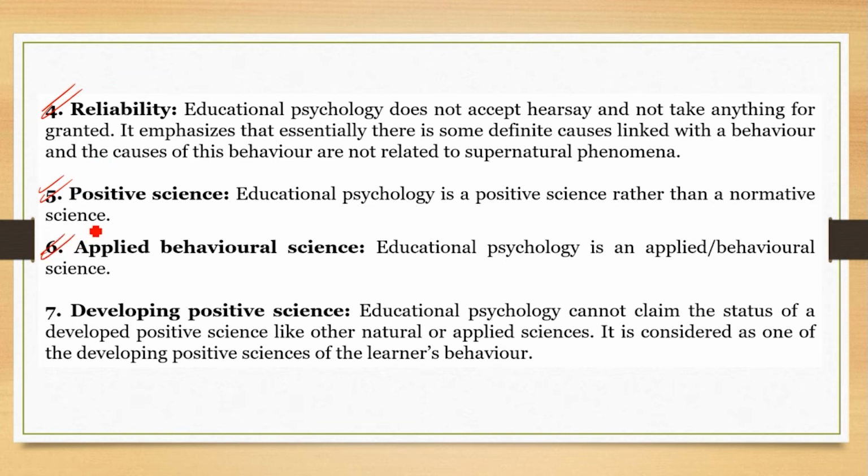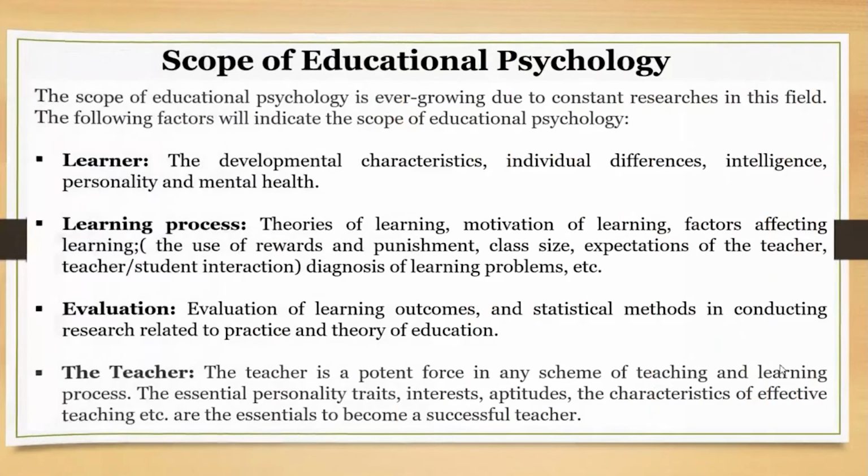Applied behavioral science. Educational psychology is an applied or behavioral science. And this is the last nature, developing positive science. Educational psychology cannot claim the status of a developed positive science like other natural or applied sciences that we usually study. It is considered as one of the developing positive sciences of the learner's behavior. So these are the natures of educational psychology.